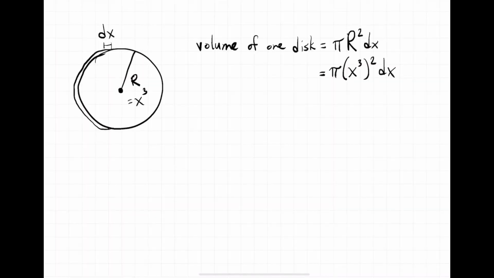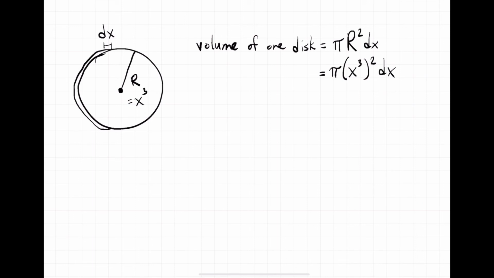Now that we understand what one of our typical disks looks like, we actually understand what all of them look like. By varying the value of x, we can find all of the different disks that make up the slices of this solid of revolution. All we need to do now is add up the volumes of all of these small disks to get the volume of our solid. And of course, taking the sum of all these would be like a Riemann sum.